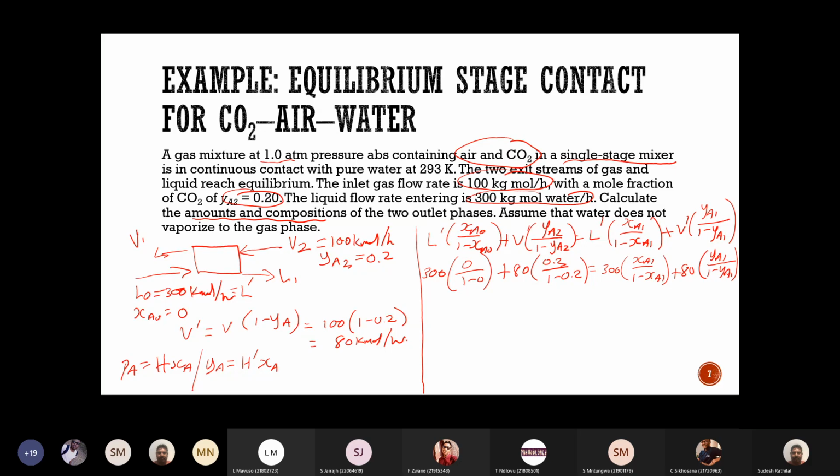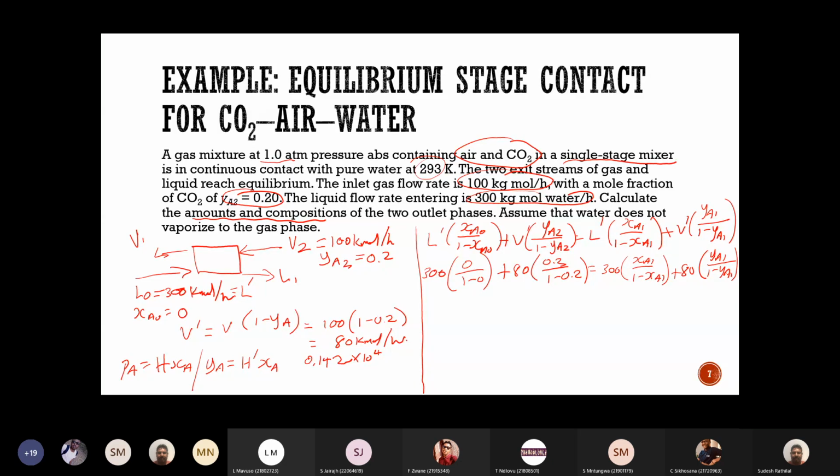You must be consistent with units. Okay, so what is Henry's constant? We know from the tables that at 293 Kelvin, H is equal to 0.142 times 10 to the 4. Its units are atmospheres per mole fraction, but I want to convert it to H prime.